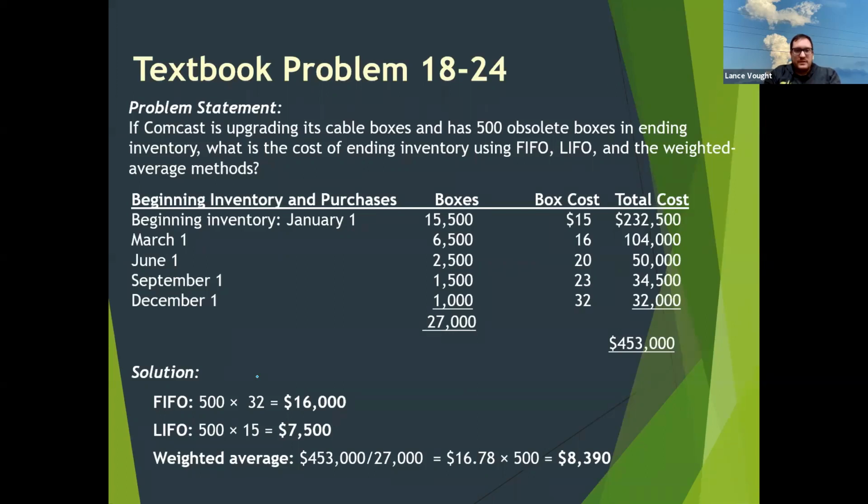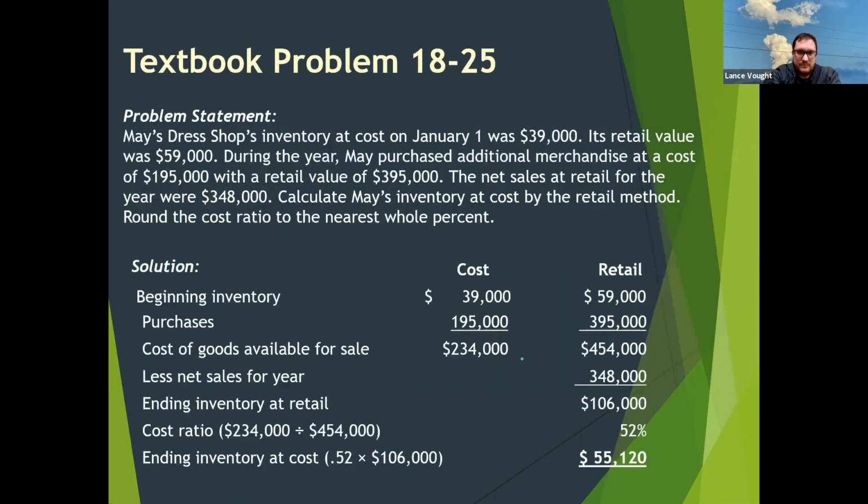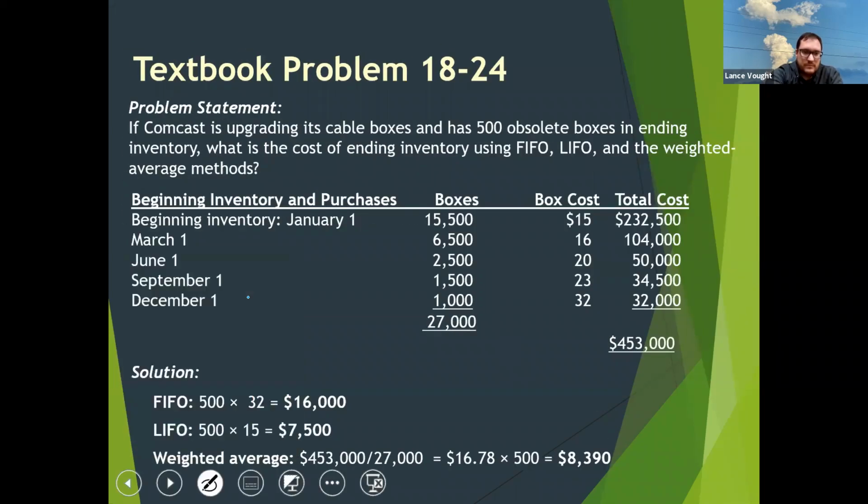So what that means is that at the end of the year, they will have 500 left over. The question then becomes for FIFO, LIFO, and weighted average, what is the cost per that 500?